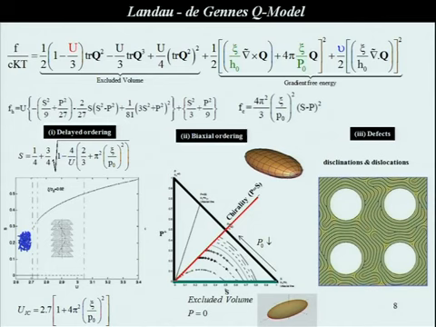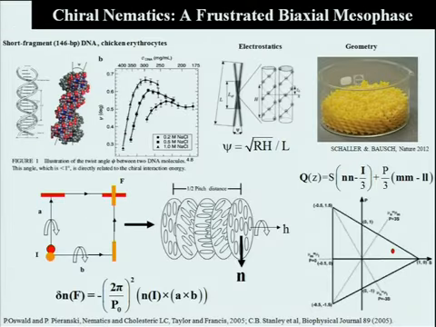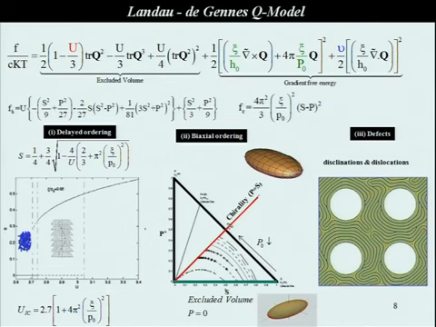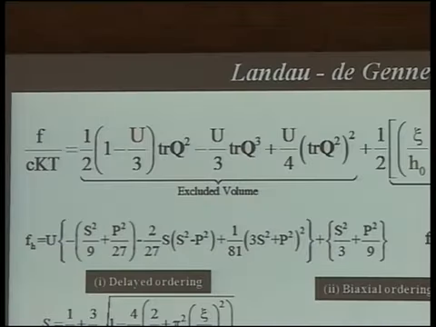Now when you put this tensor into this expression, you end up with this kind of polynomial in S and P. This is the homogeneous part that describes excluded volume. U is a term that is called the nematic potential, which is proportional to the concentration of fibers divided by the critical concentration that describes the isotropic nematic transition.